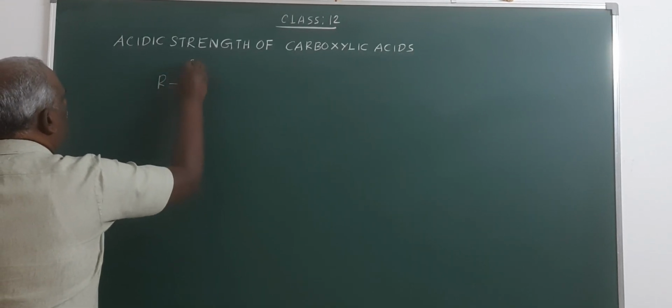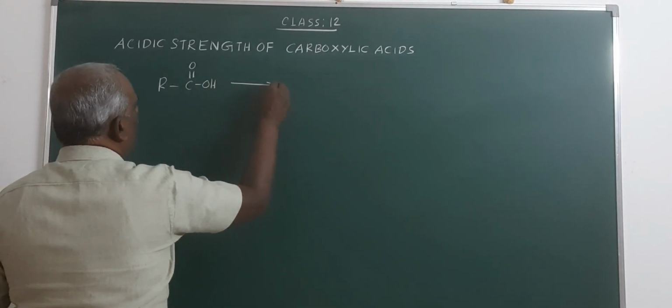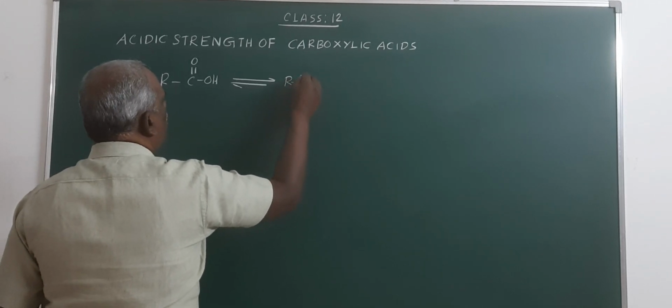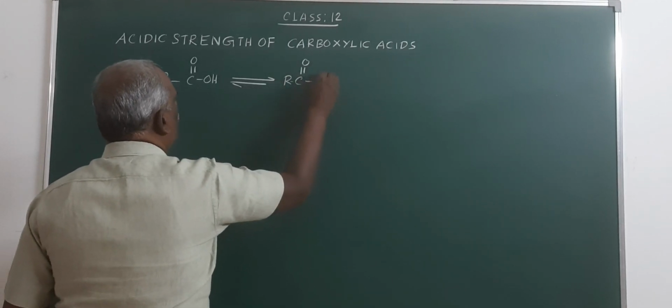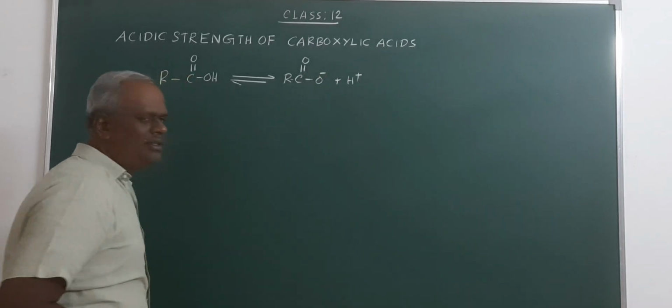The formula for carboxylic acid is such that on partial dissociation we can have RCOO minus and then H plus. So it is giving out hydrogen plus and hence it is behaving like an acid. It is an anion called the carboxylate anion.